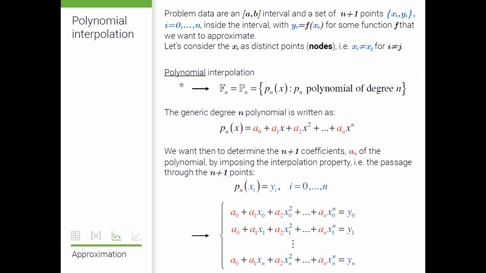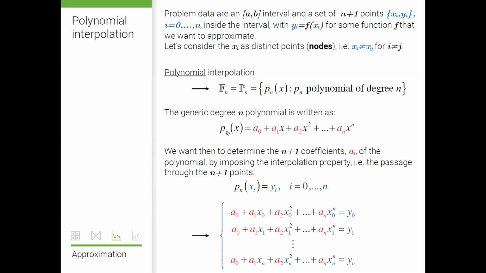So now, here we have the definition of polynomial interpolation. Fn equals Pn. This is a set of polynomials, Pn of x, where Pn is a polynomial of degree n. The generic degree n polynomial is written like this, as you know from the course of mathematical analysis and the first part of linear algebra and geometry.